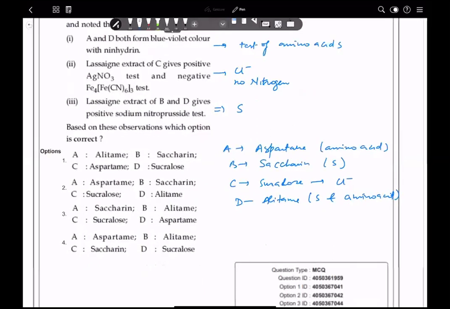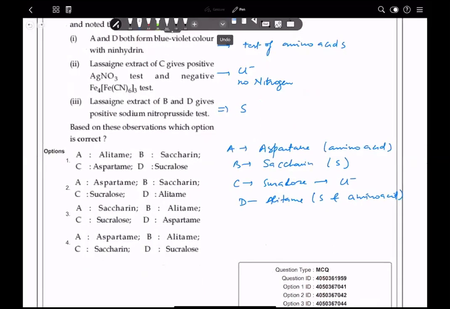So if you match with the options, your answer must be 2. The ninhydrin test is for amino acids, the sodium nitroprusside test is for sulfur, the AgNO3 test is for halides, and a negative test for nitrogen means it does not have amino acid linkage, so that confirms saccharin.